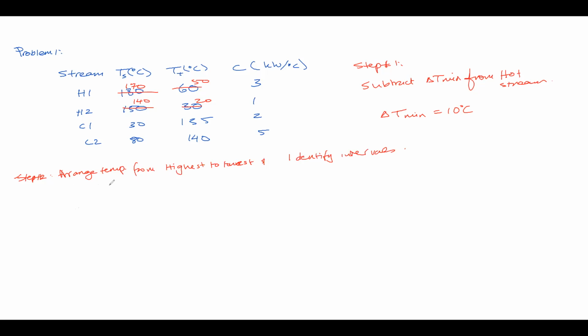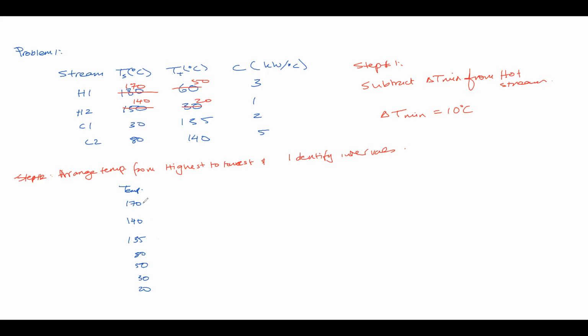So I have my temperature column, and my highest temperature is 170, if you recall the way we're going to do this. The second highest temperature is 140. The third one is 135. The fourth one is 80, then 50, 30, 20.